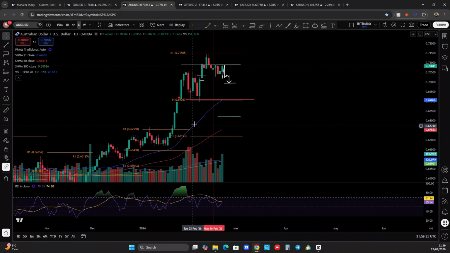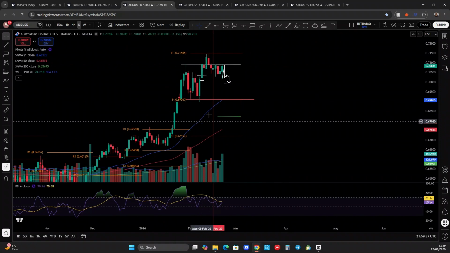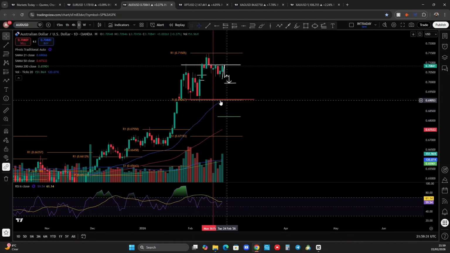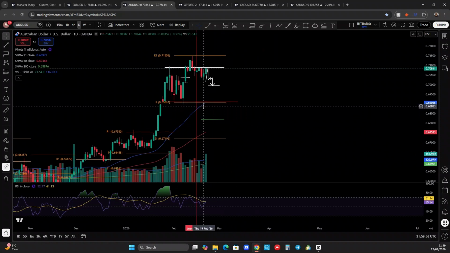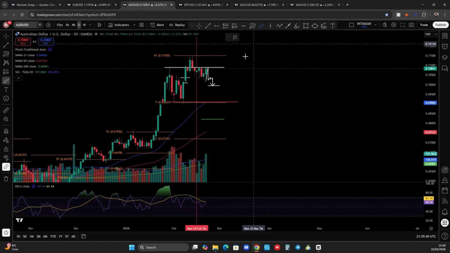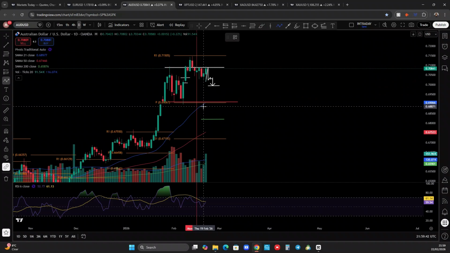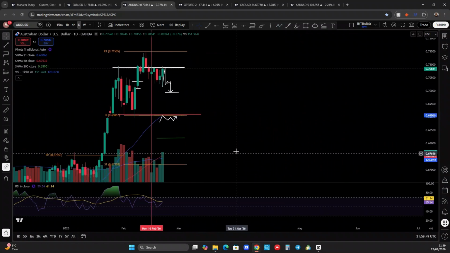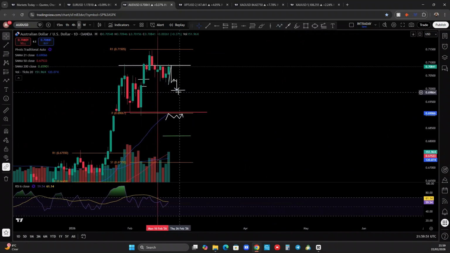Now you also have the 20-day moving average along this level as well. It's reached its level, so I would imagine that the 20-day moving average this week will continue along here. So this confirms to me that this would be my target.